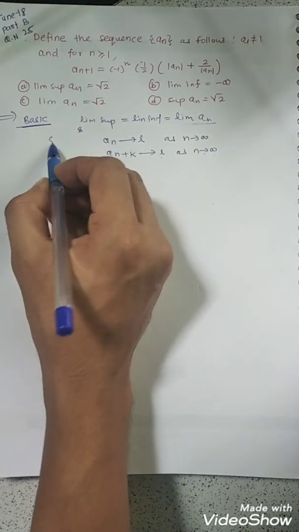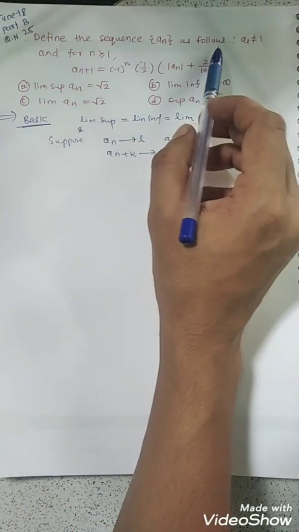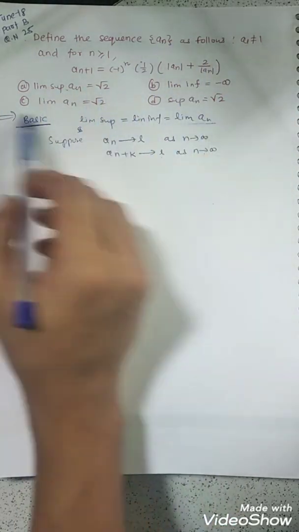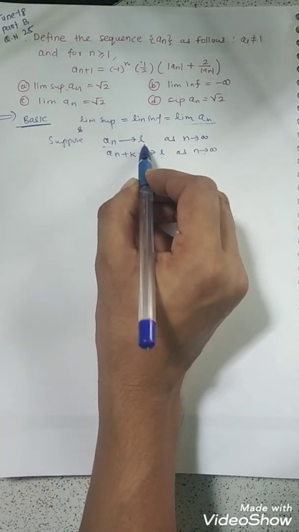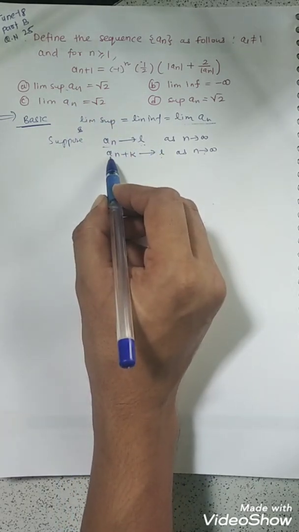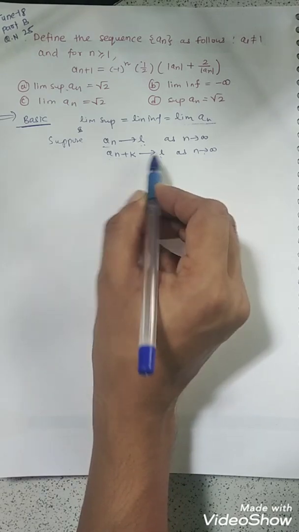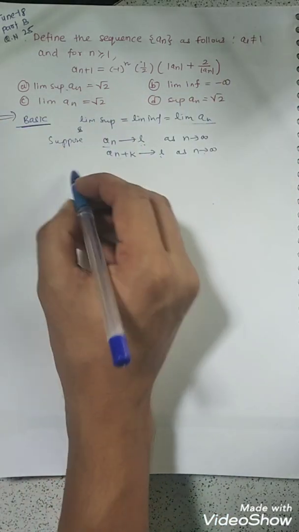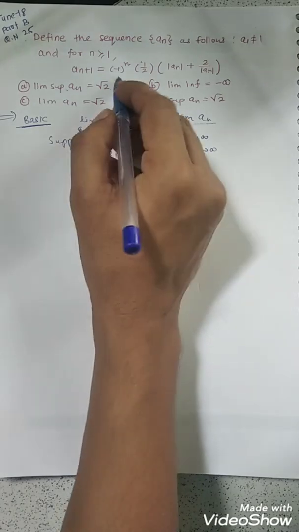So suppose our sequence an converges to L. In all four options they are asking about the limit of an. Then all the terms after an will also converge to the same limit.